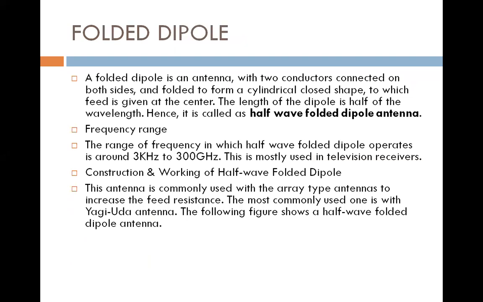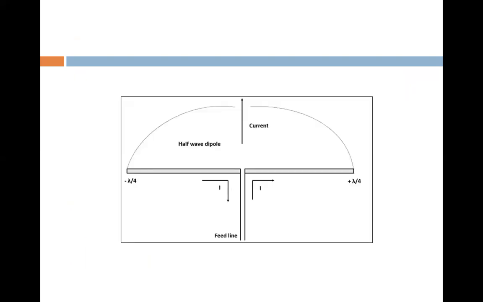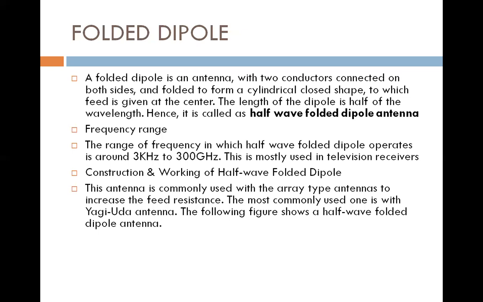Now we see the next, the folded dipole. The name is folded and dipole. So two poles are there. See the folded dipole. It has two poles, and see the current distribution across the dipole. So a folded dipole is an antenna with two conductors connected on both sides and folded to form a cylindrical closed loop shape, to which the feed is given in the center.